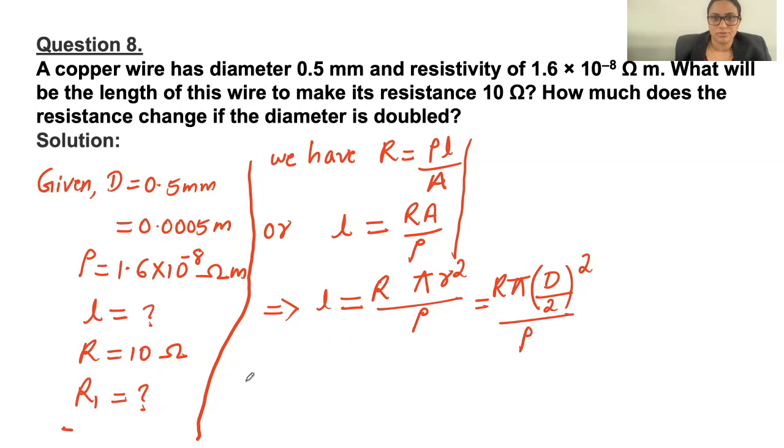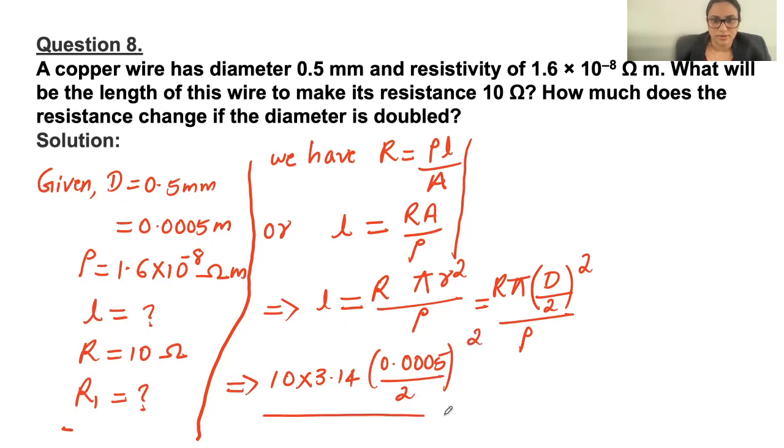Substitute the values here. 10 times pi, which is 3.14, and diameter, we know that, 0.0005 divided by 2 whole square divided by 1.6 into 10 power of minus 8. If we calculate this value, we get 122.72 meter will be the length.